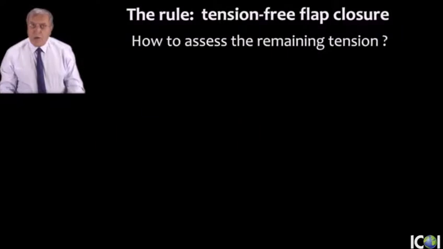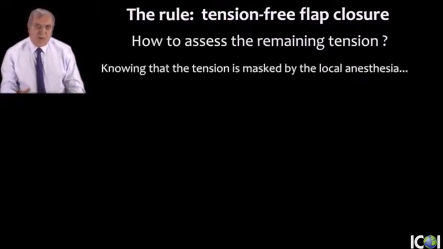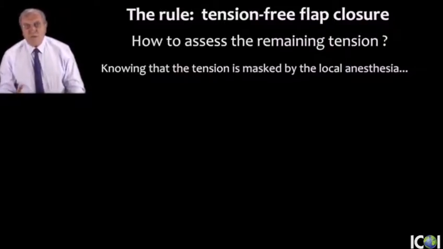The rule now is that we need to achieve a tension-free flap closure. But how to assess this tension? There is no device to evaluate the tension. And we forget very often that we are doing surgery with local anesthesia. And the function of the local anesthesia is to make the muscles flat.